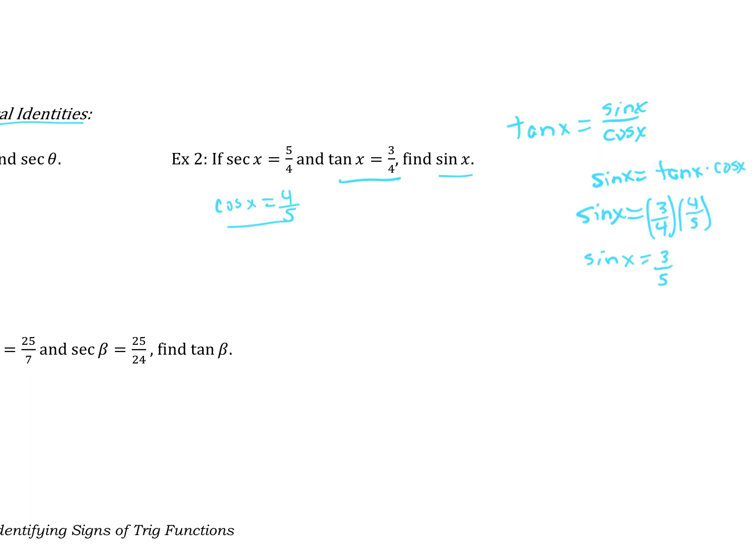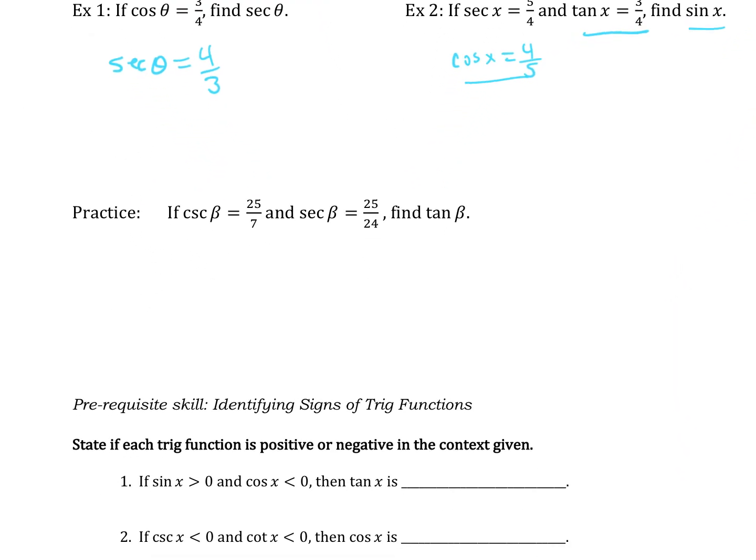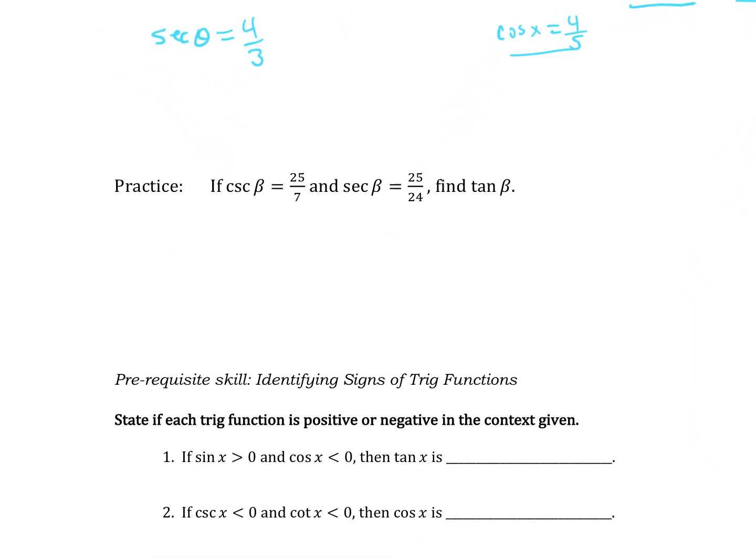And you crossed the line. I'm sorry? You just crossed the line. Yeah, crossed out the 4's. Right? These divide out. All right, last one here. We're asked to find tan of beta, tangent of beta. We know cosecant is the reciprocal of sine.